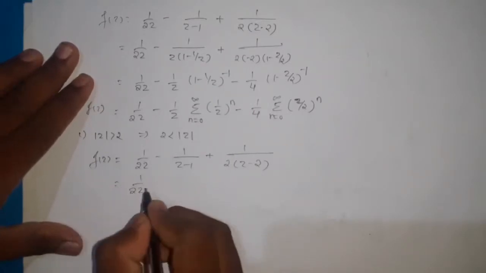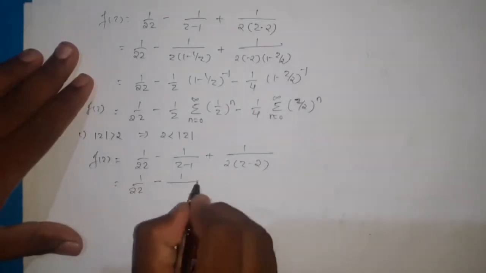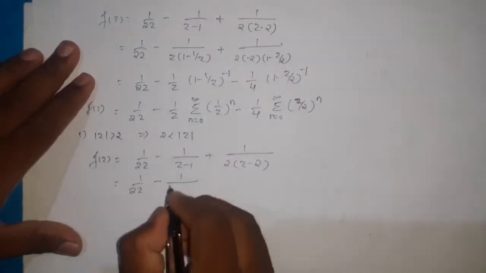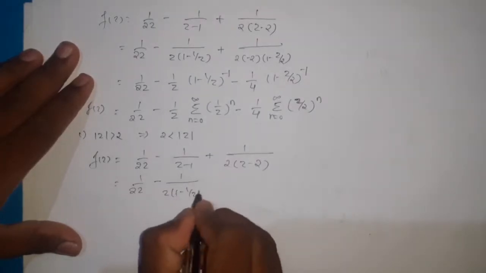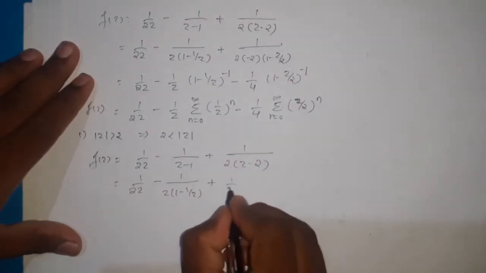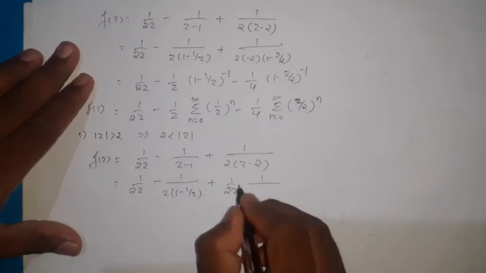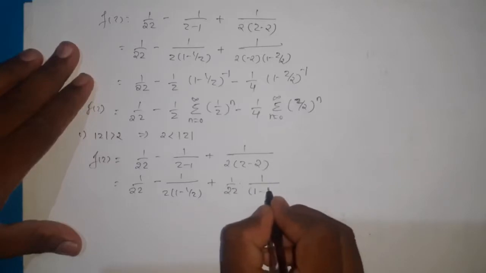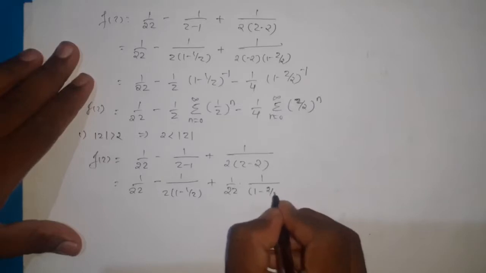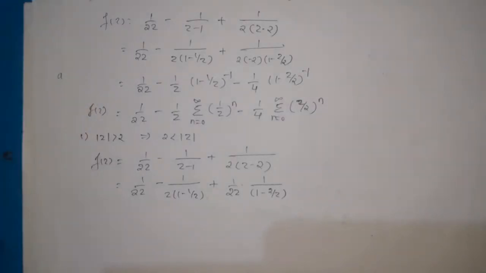So 1 by 2z minus, z common, then z into (1 minus 1 by z) plus 1 by 2z into 1 divided by (1 minus 2 by z), by taking z common from each factor.